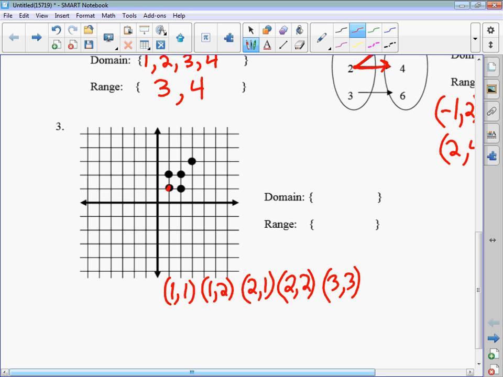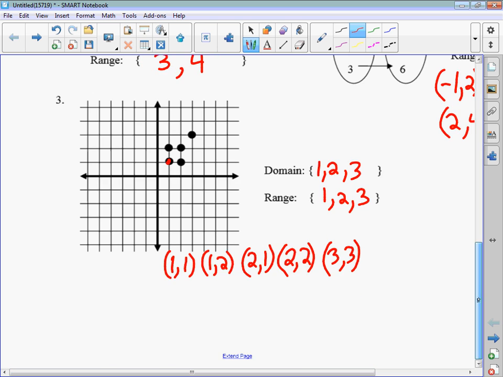So when I look at my domain, I have 1, 2, and 3. When I look at my range, I also have 1, 2, and 3. And although all of those except for the 3s are being used twice, I only write them once in each set.